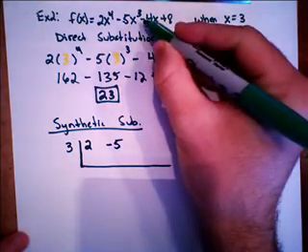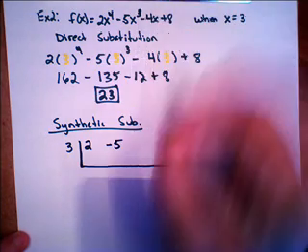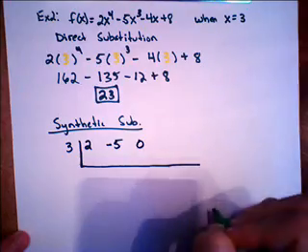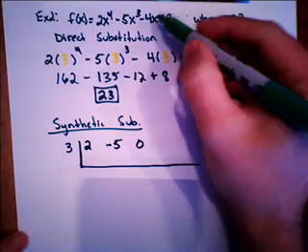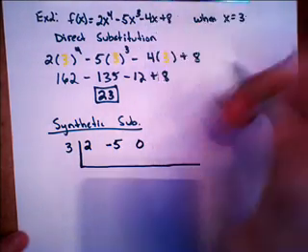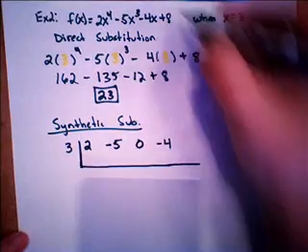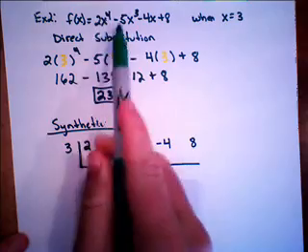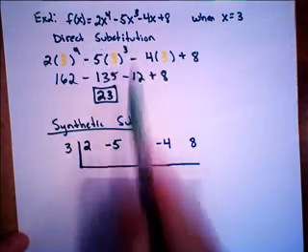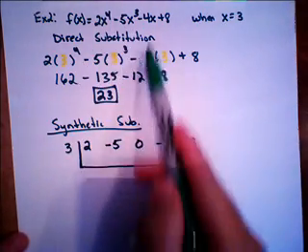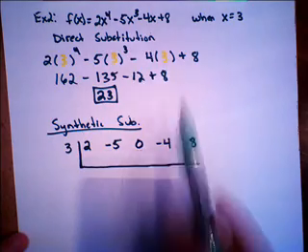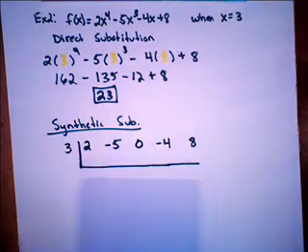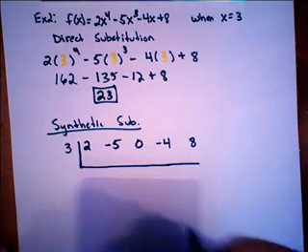My x squared term is missing, so my coefficient is 0. And that's something that people tend to forget. My x term, my coefficient is negative 4, and then my constant term is 8. So 2, negative 5, missing term is a 0, negative 4, then the 8.